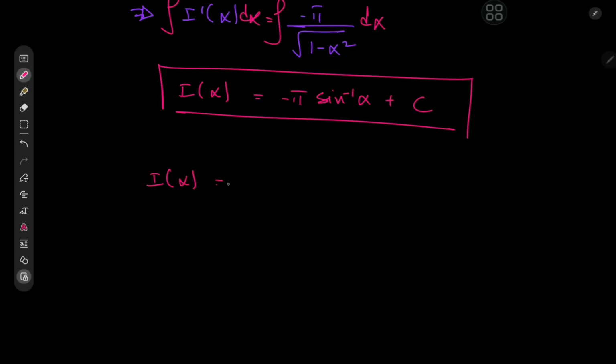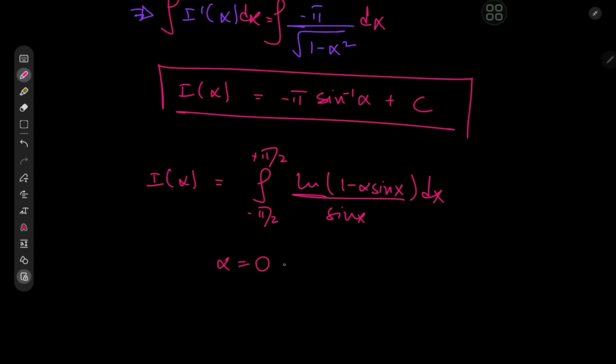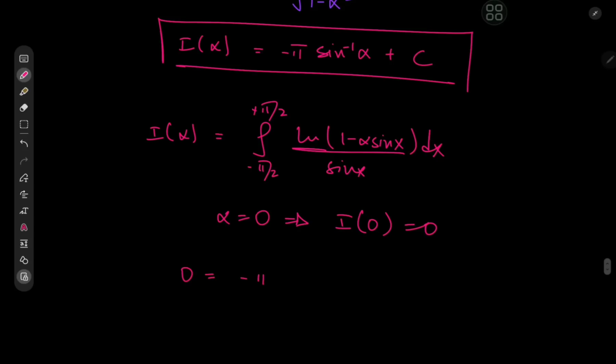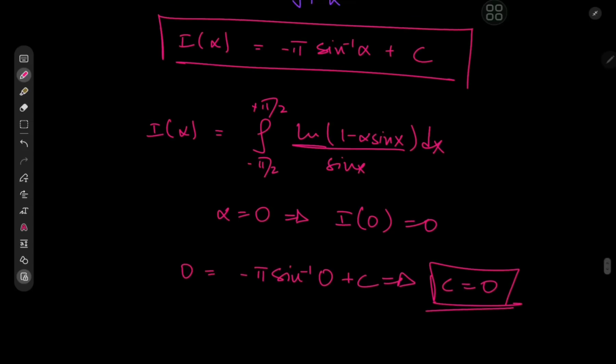Because we defined I of alpha as the integral from negative to positive pi by 2 of log 1 minus alpha sine x divided by sine x dx. So if we take alpha equal to 0, we have log 1, which is 0, so the entire integral just collapses to 0. So we have I of 0 equal to 0. And using this information, we have 0 equal to negative pi times arc sine 0 plus c, implying that c here equals 0, which is again very convenient.